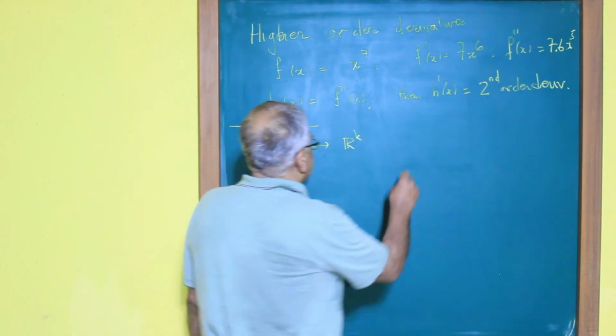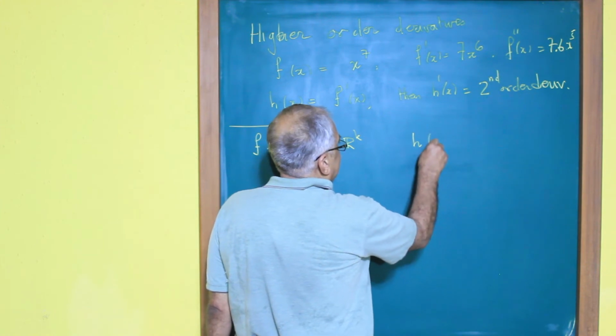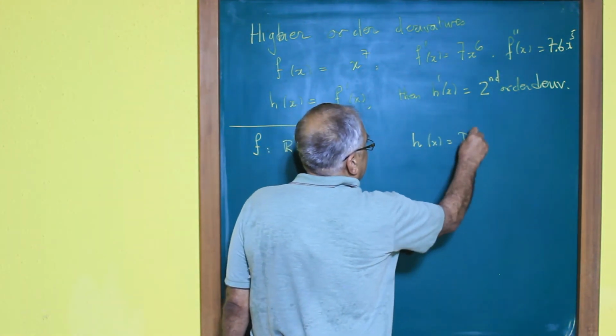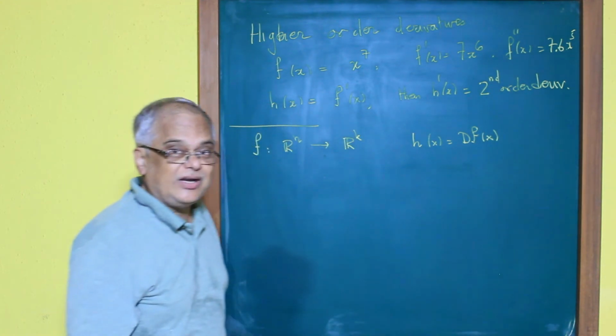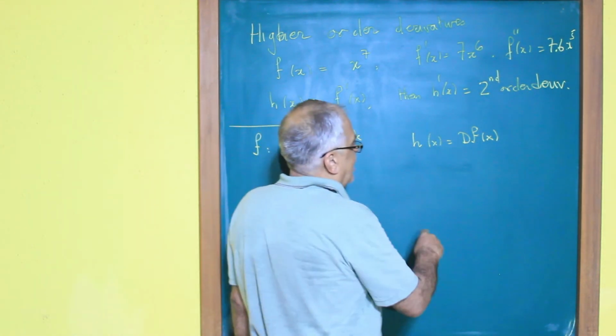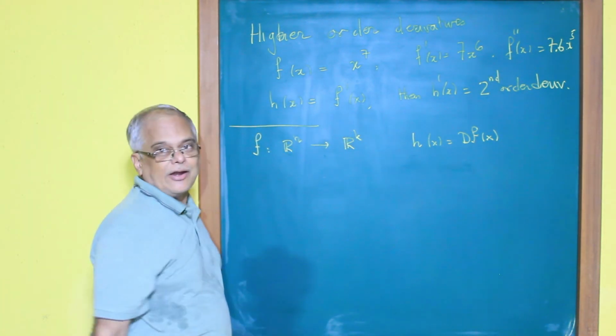So h of x is equal to the derivative of f at x. Where is x here? I'm assuming that this function is differentiable at every point in Rn.